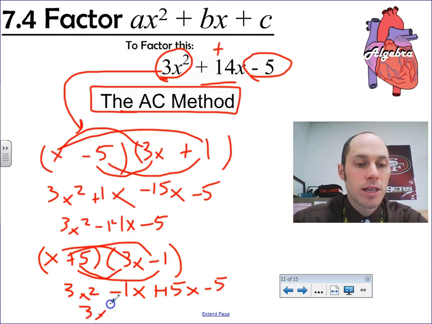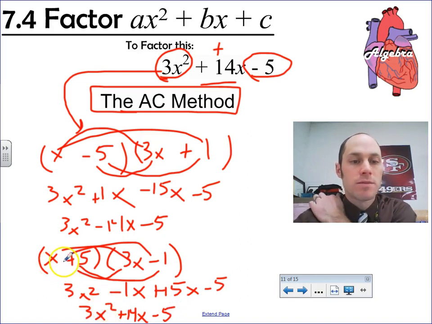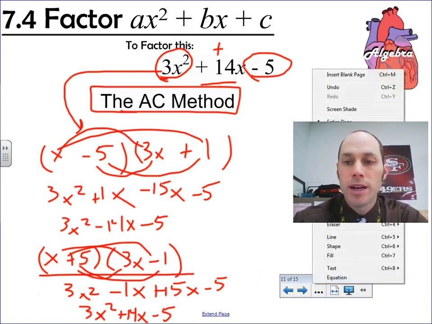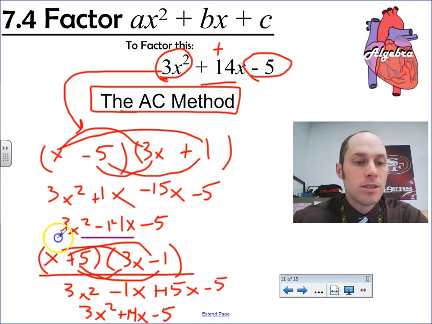Combine all my like terms, I get 3x squared plus 14x minus 5. So I get the final solution of what the product should be. It should be x plus 5 times 3x minus 1. So it took me 2 tries, but I got it.